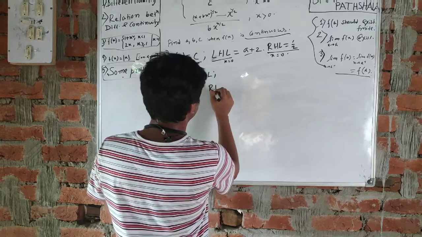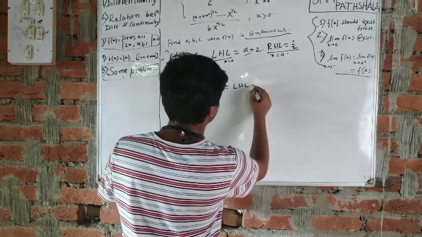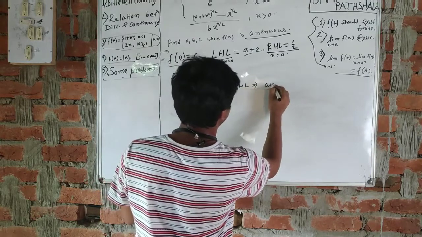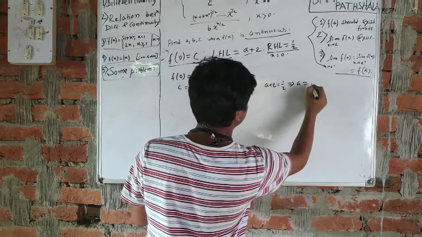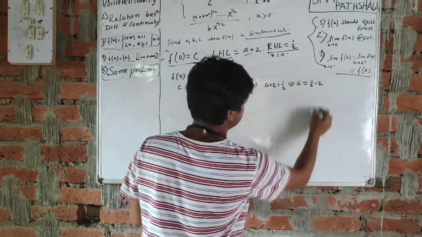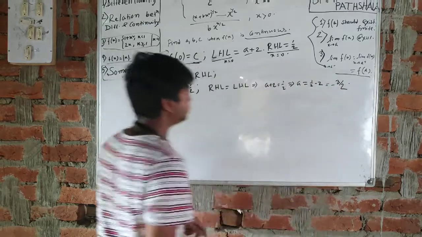And the right hand limit is equal to the left hand limit, which also implies a plus 2 is equal to half, which gives a is equal to half minus 2, that is equal to minus 3 by 2.